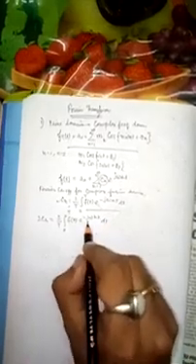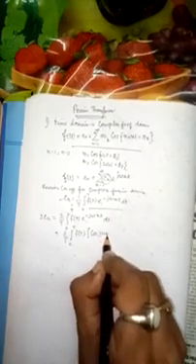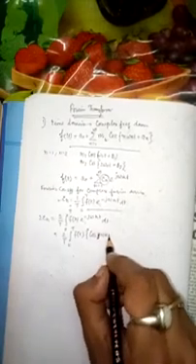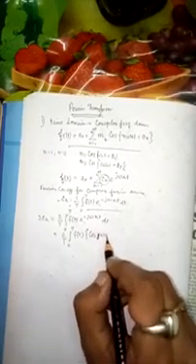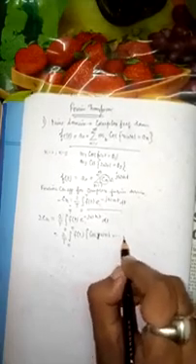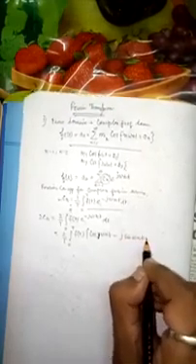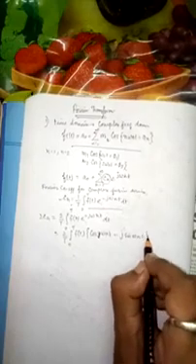Now it can be written as cos theta minus j sin theta, so that is 2 by T integration 0 to T f of t (cos omega n t minus j sin omega n t) dt.